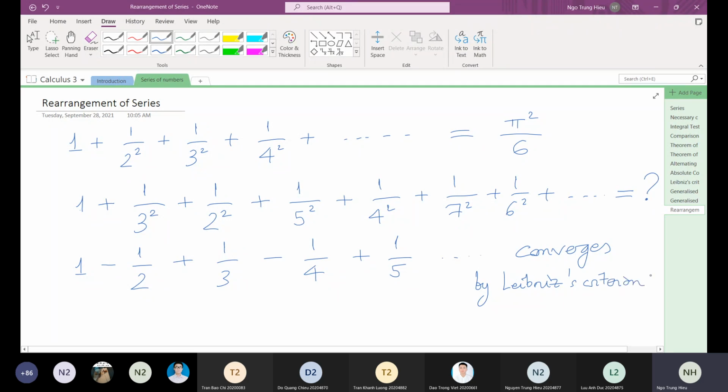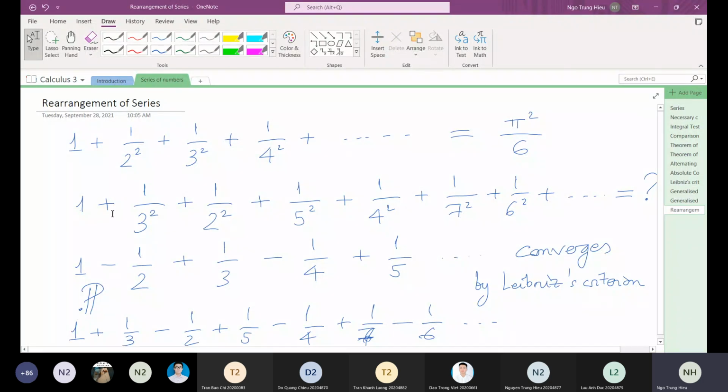So how about if we take 1 plus 1/3, let's say, minus 1/2 plus 1/5, we rearrange the terms in many other different ways, plus 1/6 minus 1 plus 1/7 minus 1/6 and so on. So we ask whether it converges and whether these two series are the same numbers. We don't know.